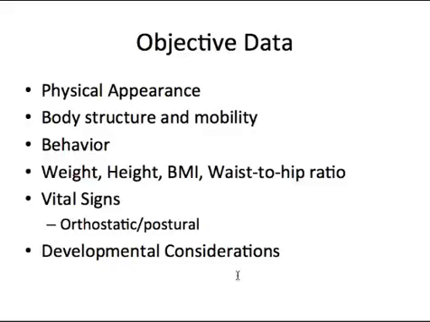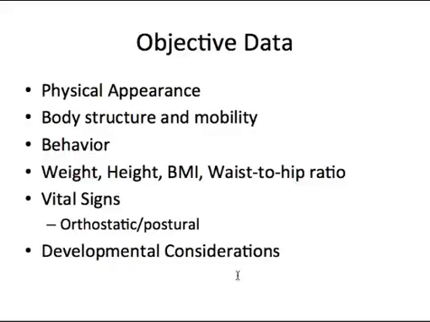You always have objective data. These things: physical appearance, your body structure and mobility. How is that person behaving when you walk in? Some of the things to think about with their vital signs. What are they talking about, how sick they are? Just because they're playing and laughing does not mean that they're not sick. So you need to assess for other things.